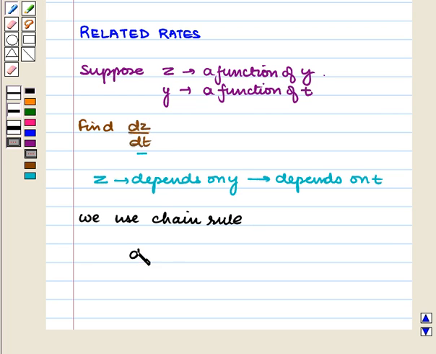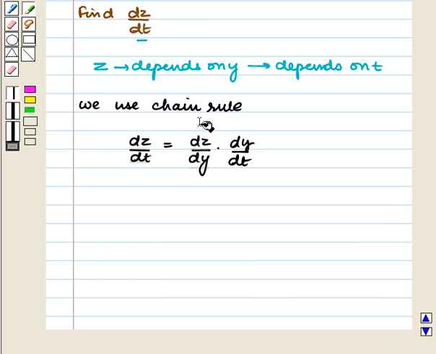That is, dz by dt will be equal to dz by dy into dy by dt. Here we have first differentiated z with respect to y and then further differentiated y with respect to t.